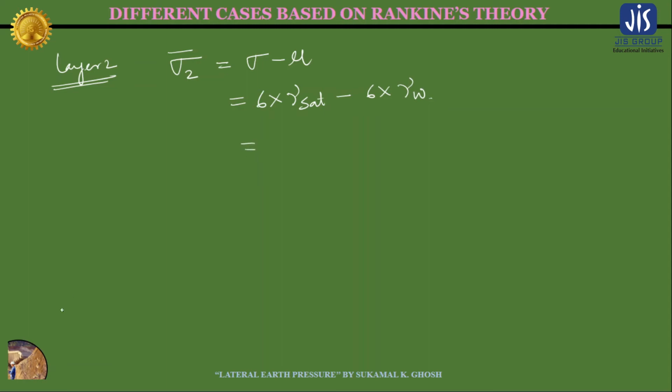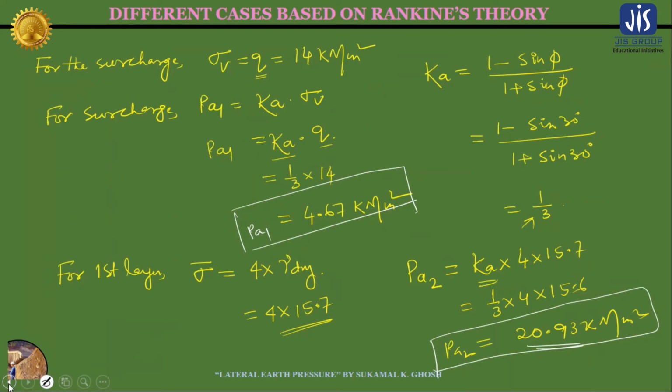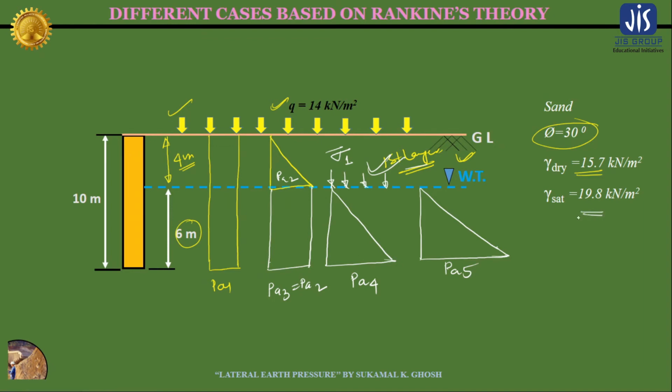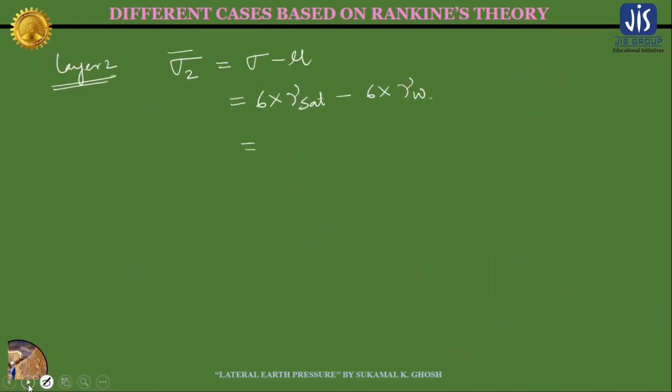The value of gamma saturated is given, right? It is 19.8. So 6 into 19.8 minus 6 into, let me take the value of gamma W as 9.81 kilonewton per meter cube. So this is the value of the effective stress for layer 2 in geostatic condition.